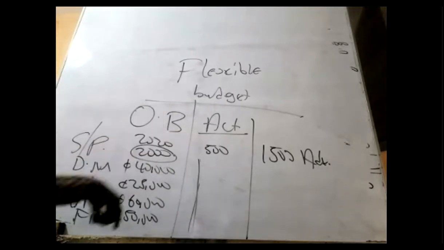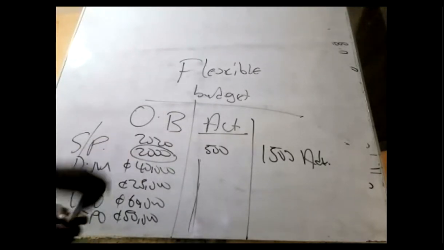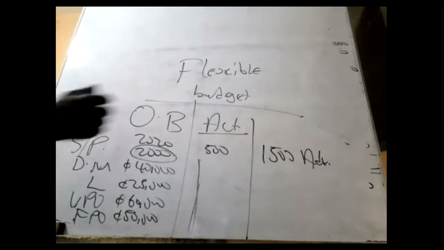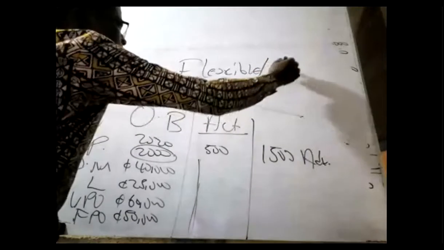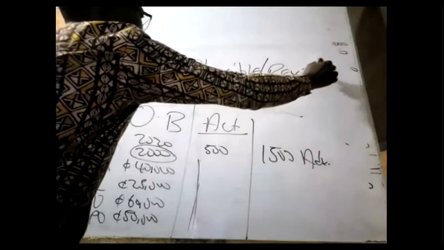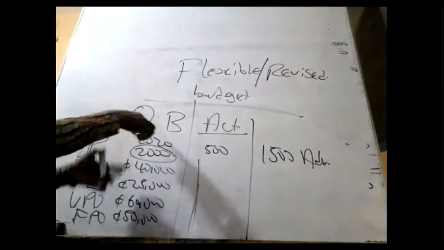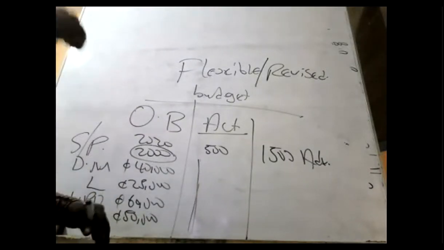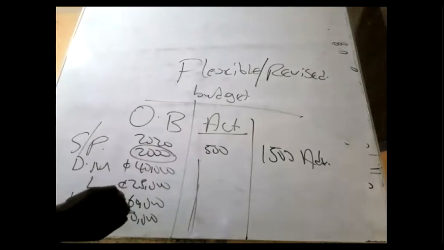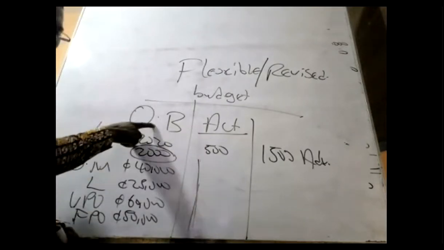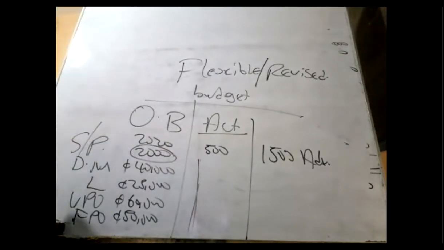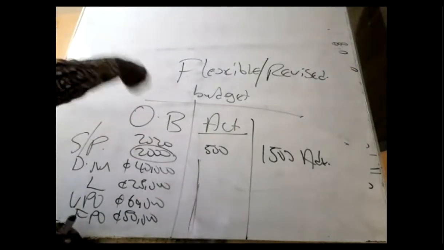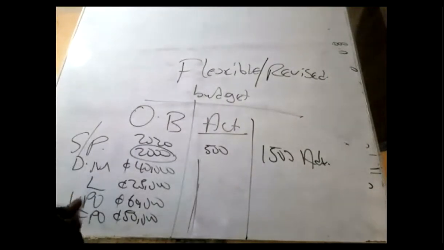So let's bring COVID in. Let's prepare another budget called a flex budget or a revised budget. Let's revise the original budget to suit the current situation. Certain conditions at the time that we prepared the budget were not there, but right after the preparation, they made the original budget impossible to achieve.